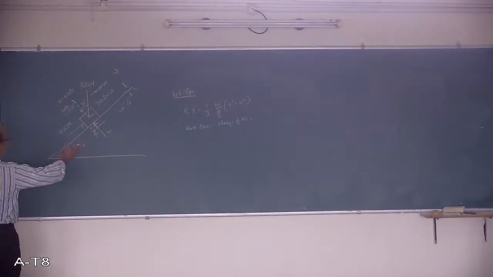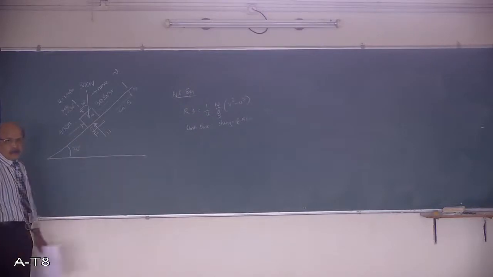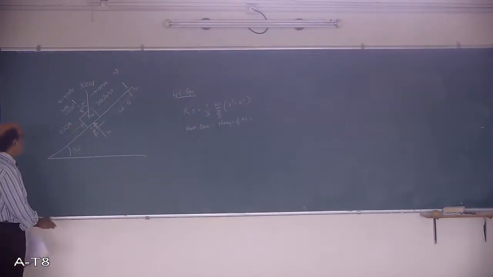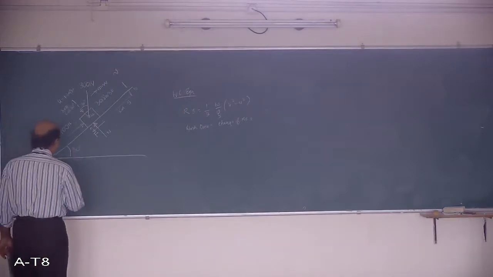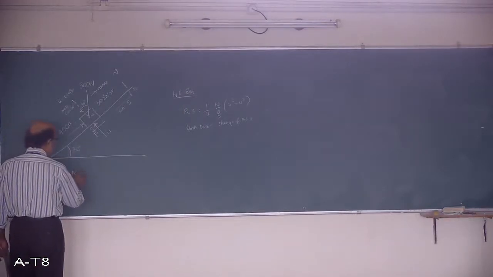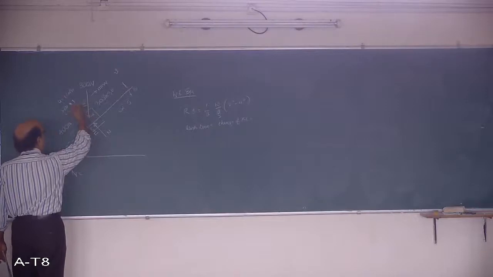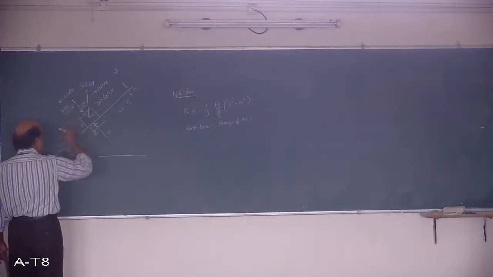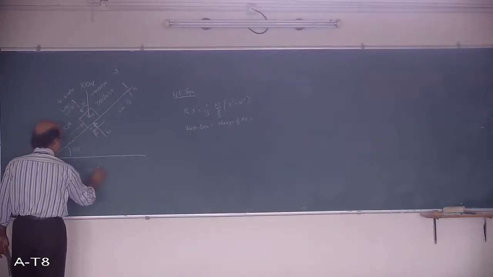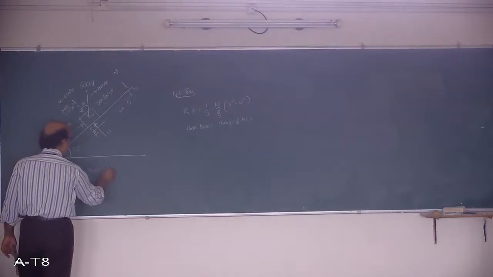The parameters are simply required to be substituted in that equation, and you will get the unknown. First of all, what is the normal reaction? N is equal to the vertical component only, that is 300 cos 30.